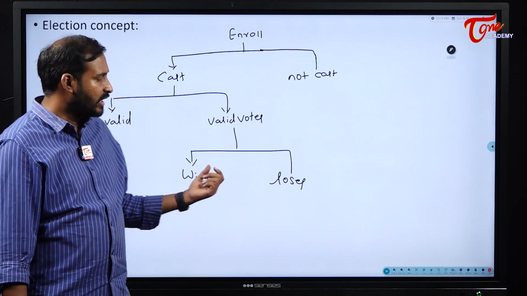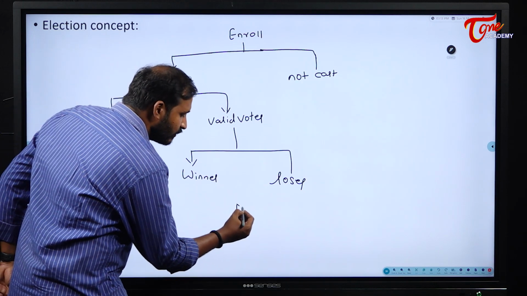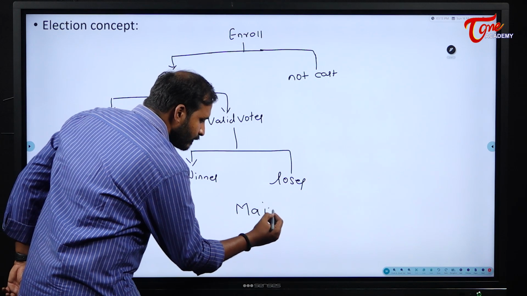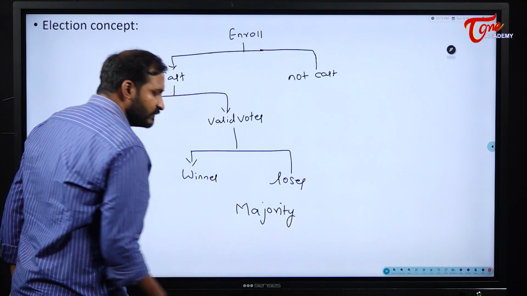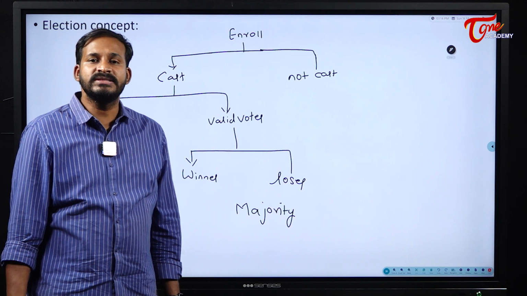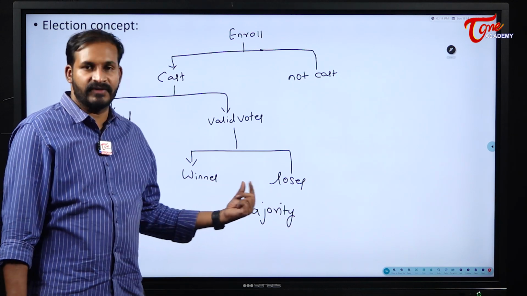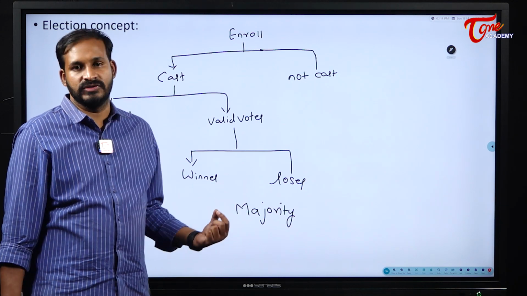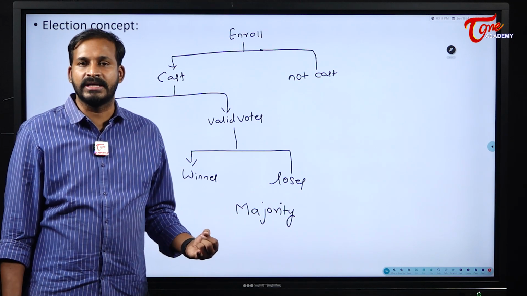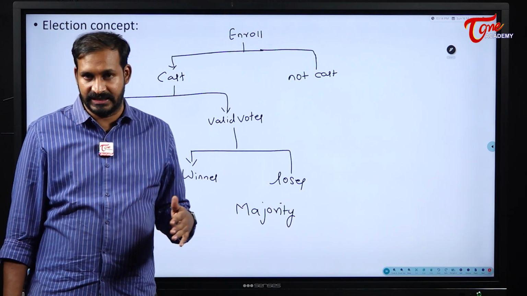He is the winner. Now see here, under the same concept we hear a word called majority. What is meant by majority? It means the vote difference between the winner and loser. It may be a vote count difference sometimes, or they may also tell it in percentage.